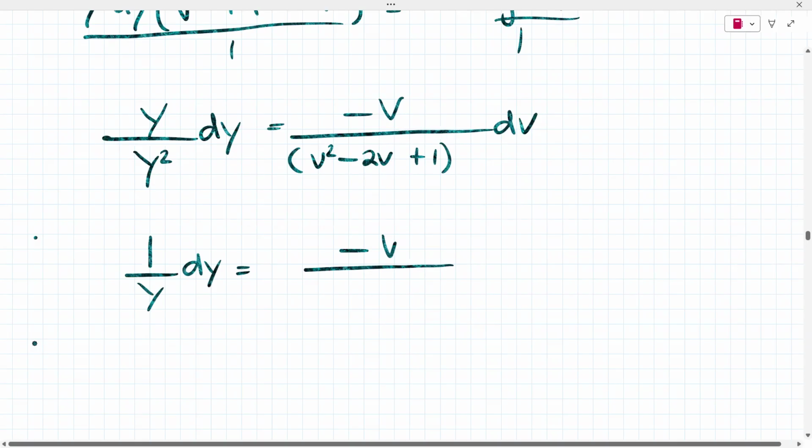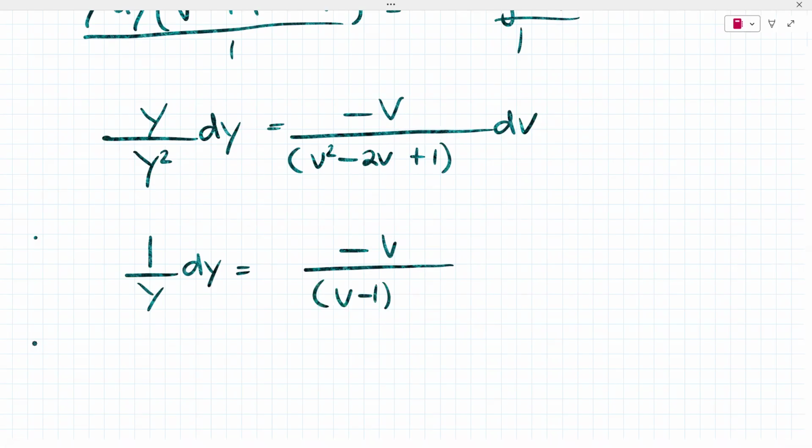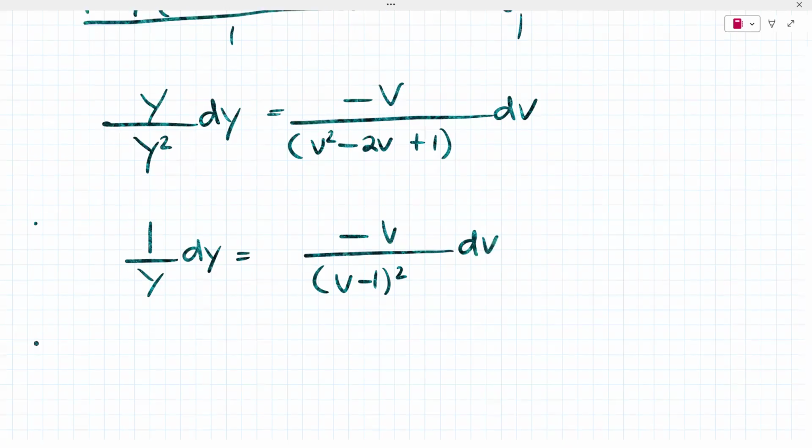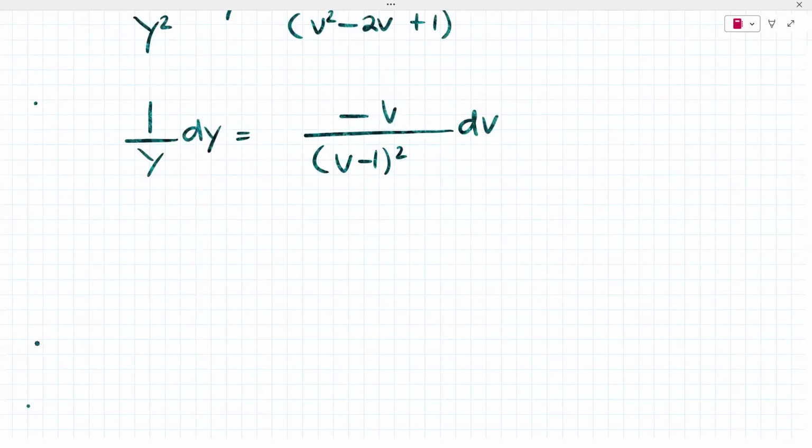You have negative v over parentheses v minus 1 squared dv. Now you did separate it, everything is good. You have the dv's and the v's here, and then the y's and the dy's on the left. That's perfect. Now you would integrate. So step 4, integrate.